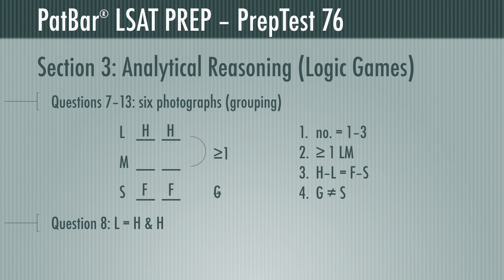Rule 1 tells us each photographer has at least 1 photo, and the only photographer missing so far is Gagnon, so he must have at least 1 photo in metro. Rule 2 makes clear that lifestyle and metro have at least 1 photographer in common. That means Hui must fill our other slot. With everything placed, only one answer must be true, that Gagnon has exactly 1 photo in the set.